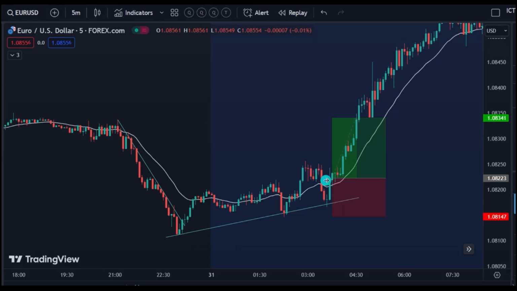We're looking for at least a 1.5 to 1 or a 2 to 1, but mainly you're looking for the opposite side liquidity, which is resting up here. Once price reaches that, we can close the trade. Our stop loss is behind the second touch of the trend line.